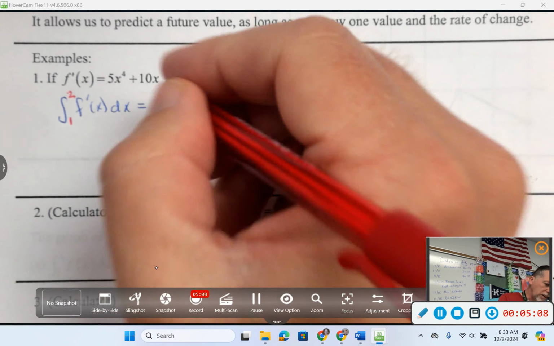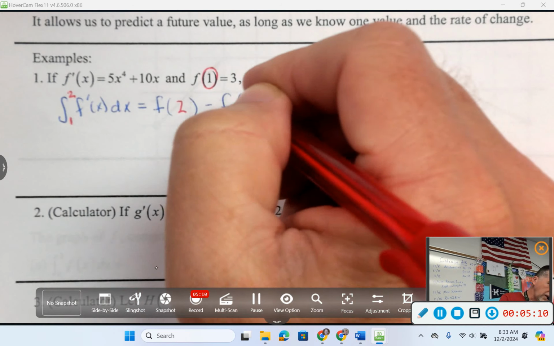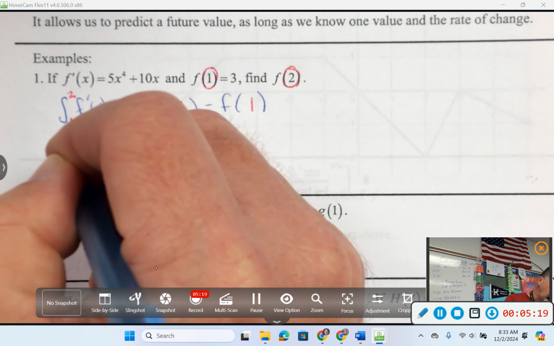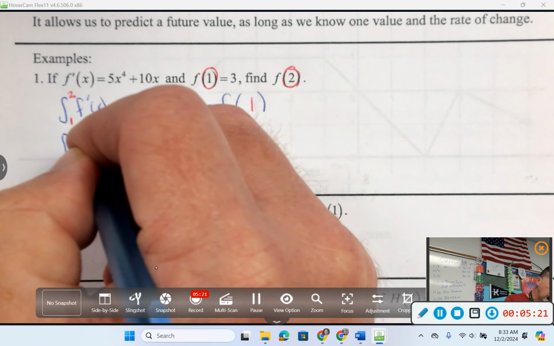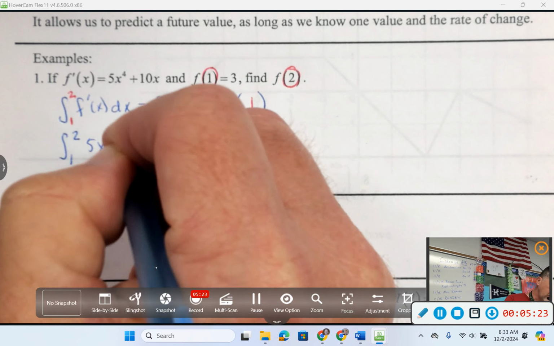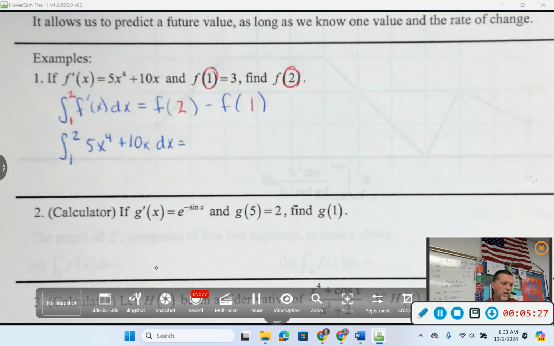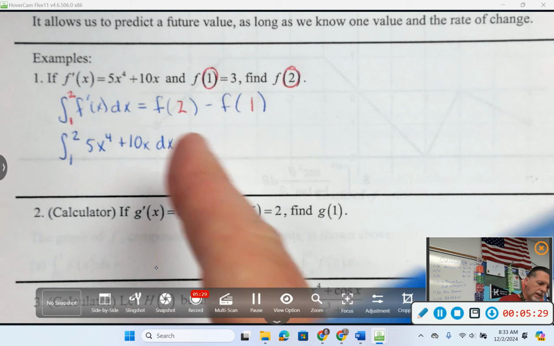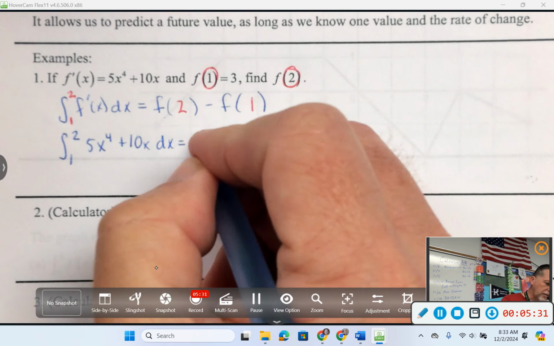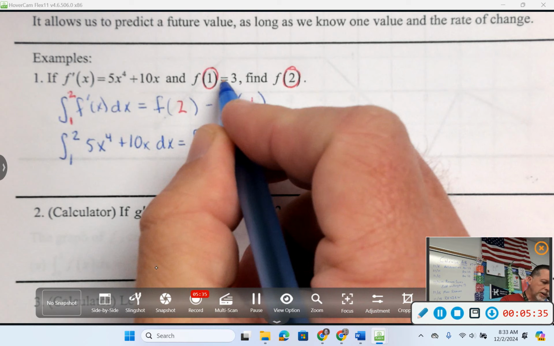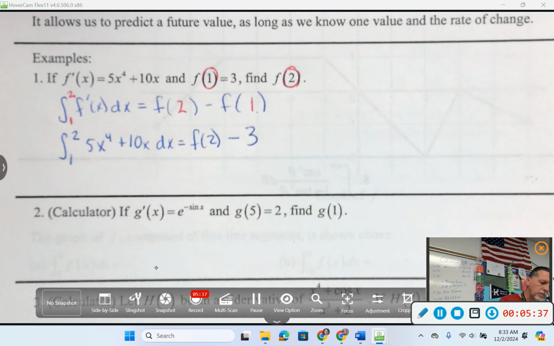And it's always evaluate at the top minus evaluate at the bottom. Okay, so let's start filling things in here. Antiderivative from 1 to 2 of 5x to the 4th plus 10x equals f of 2, that's what we're trying to find, so we don't know f of 2. F of 1, we know, they told us that's 3, so we'll plug in 3 there.